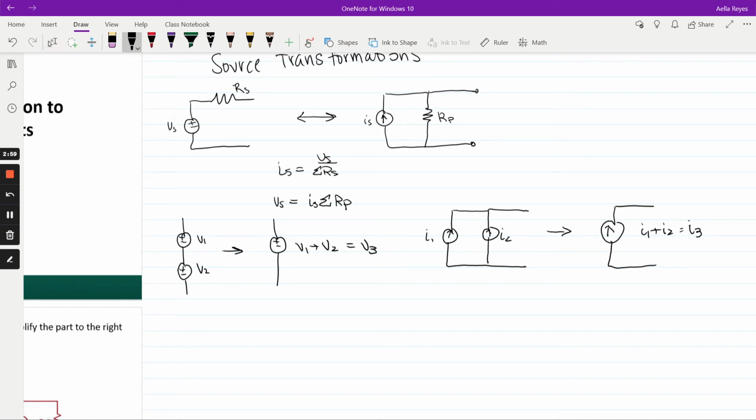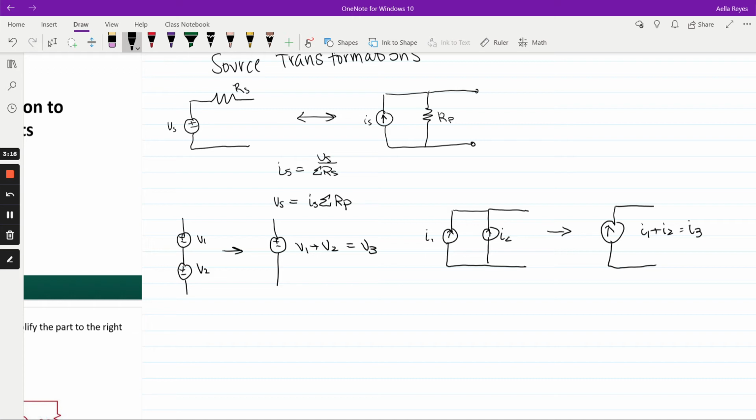And just a quick brief on how to add voltage sources and current sources once again. For voltage sources, you want to make sure the signs line up. As you can see here, the pluses line up. When that happens, you can just algebraically add your voltage sources together into one.